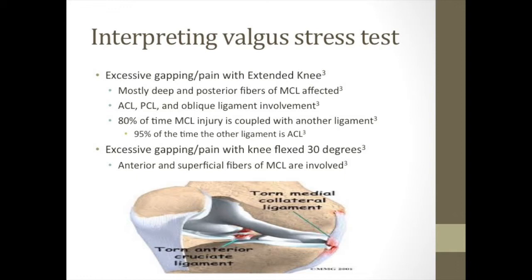There's usually ACL, PCL, or oblique ligament involvement; 80% of the time that there's an MCL injury, it's coupled with another ligament, and 95% of the time the other ligament is the ACL. Gapping and pain with the knee flexed to 30 degrees is more of the anterior and superficial fibers of the MCL that are involved with the injury.